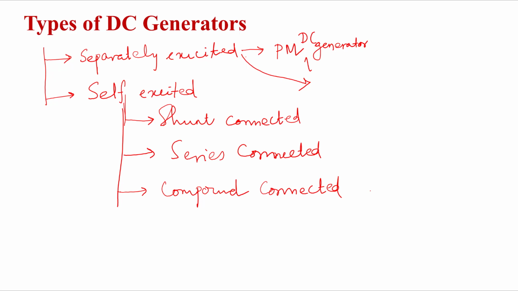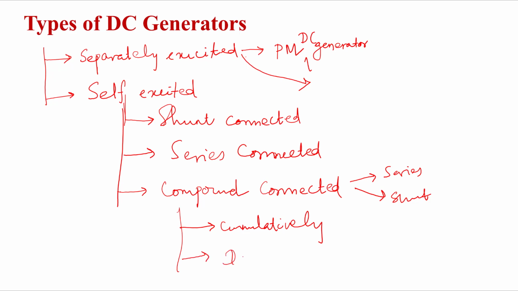In a shunt connected generator, the field winding is connected in shunt, in parallel with the armature winding, right? Across the armature winding. And in case of series connected, the field winding is connected in series with the armature winding, right? And compound connected, both series and shunt windings are there, but they are again classified into cumulatively and differentially.